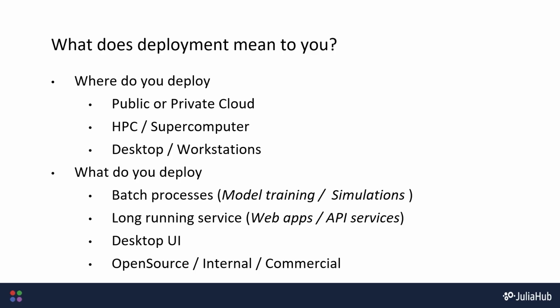You could be developing web services that are servicing requests from public customers. You could be deploying a desktop UI, and that's possible in Julia. Imagine that. You could be deploying open source code, or internal code within your organization. You could be building commercial projects where you send an installer to your customers to run.